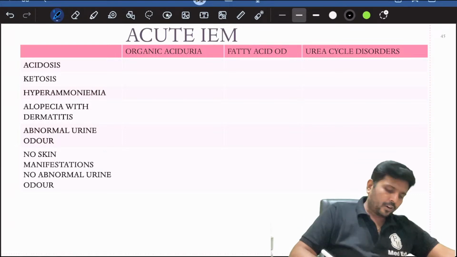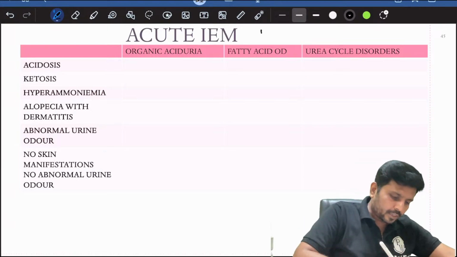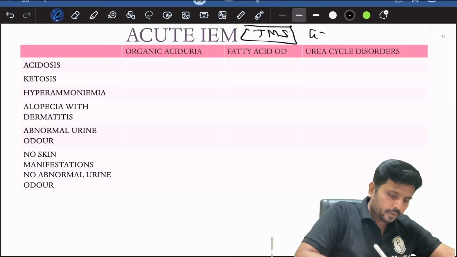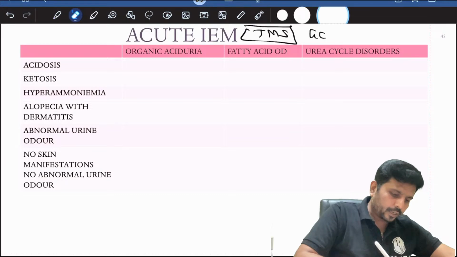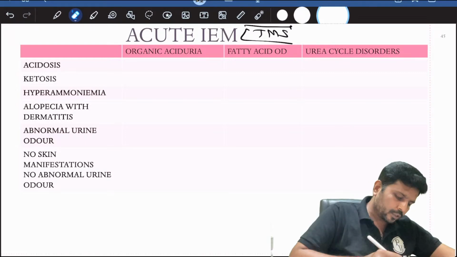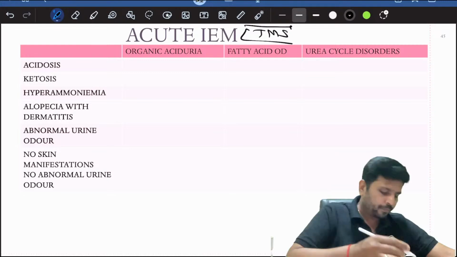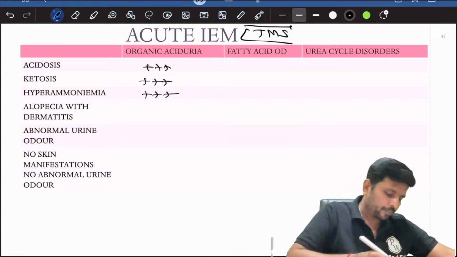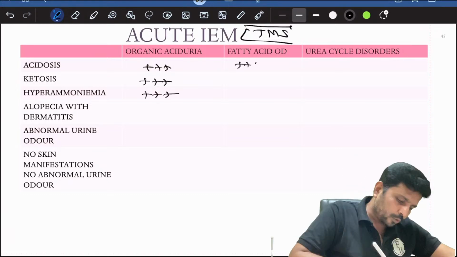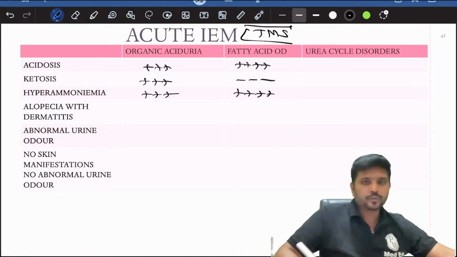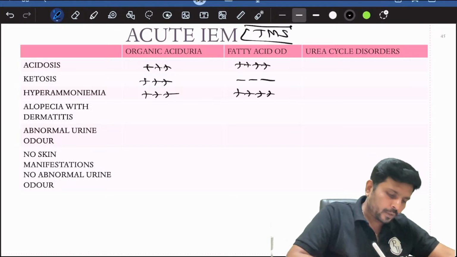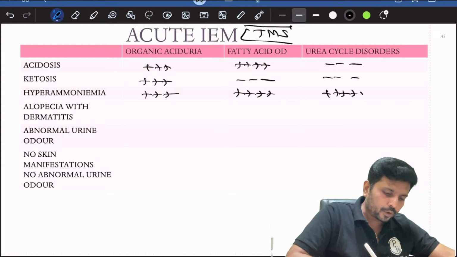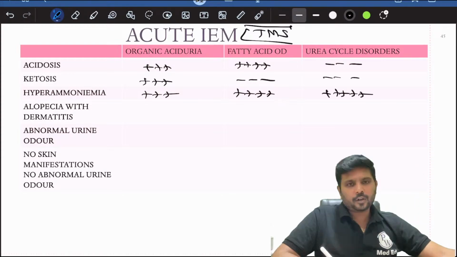Acute IEM: the investigation of choice is tandem mass spectroscopy. What is the approach to acute IEM when you have acidosis? Often asked question. Acidosis, ketosis, and hyperammonemia is organic aciduria. Acidosis and hyperammonemia but no ketosis is fatty acid oxidation disorder. Only hyperammonemia without ketosis means urea cycle disorder.